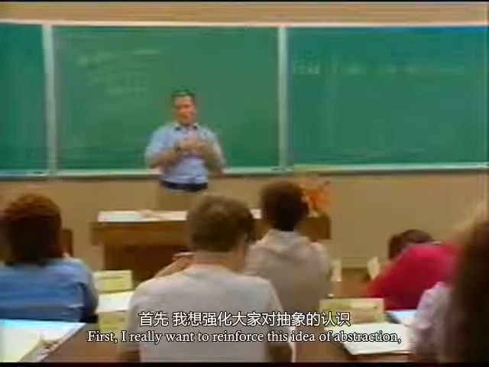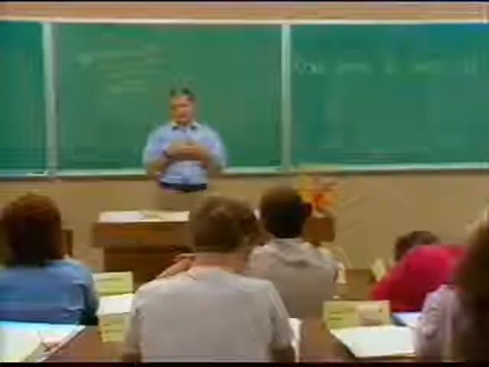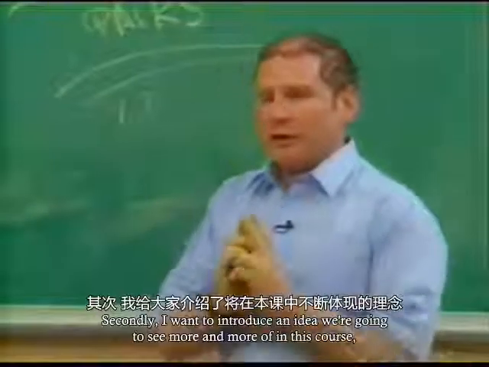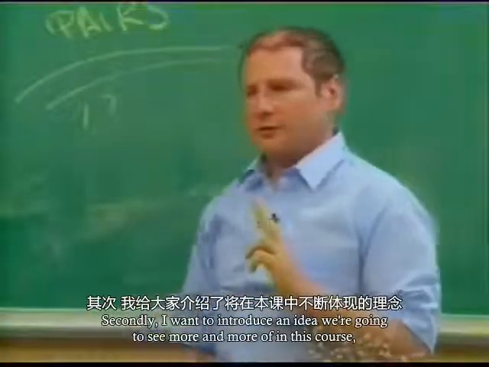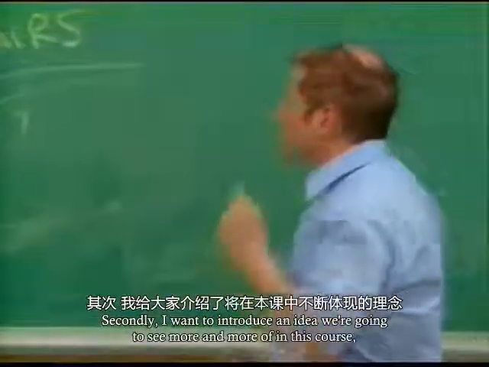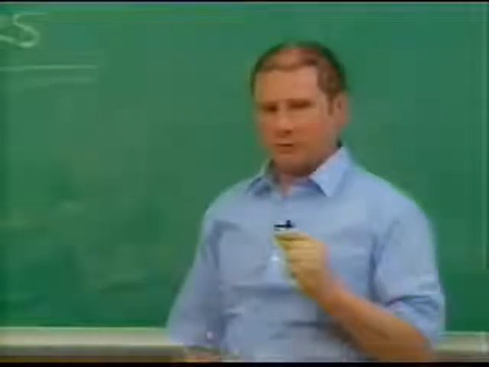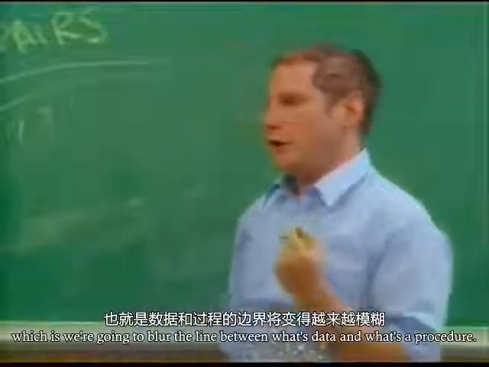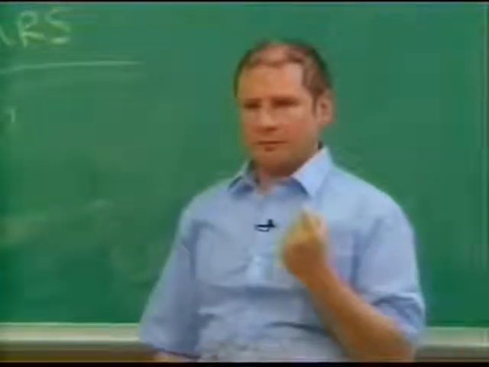Okay, well, why did I terrify you in this way? First, I really want to reinforce this idea of abstraction, that you really can do these things abstractly. Secondly, I want to introduce an idea we're going to see more and more of in this course, which is we're going to blur the line between what's data and what's a procedure.